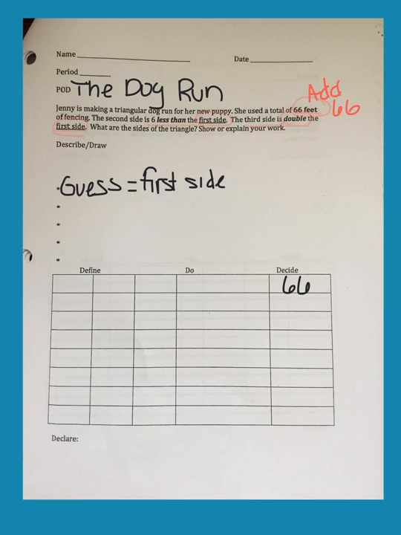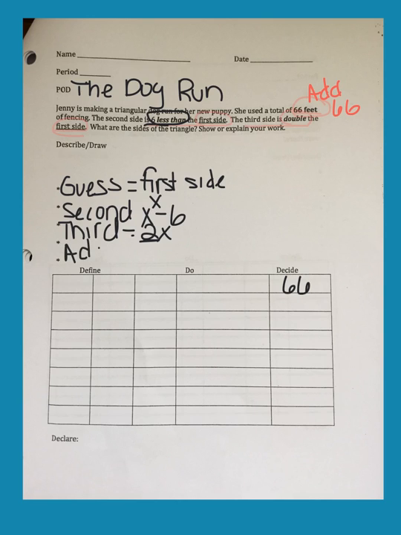So that will be X. The second side then is 6 less than, so that would be X minus 6. And then the third side is double, and double tells us 2. And remember that 2 goes in front of the X. And then we're going to add them all together. And it equals 66.